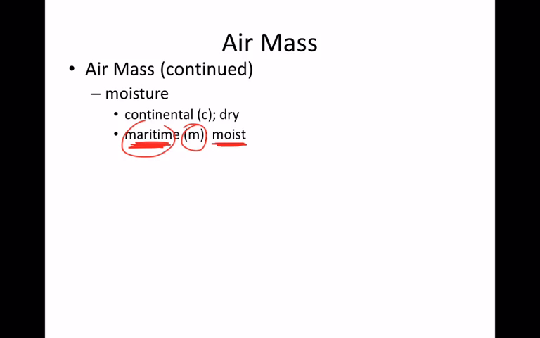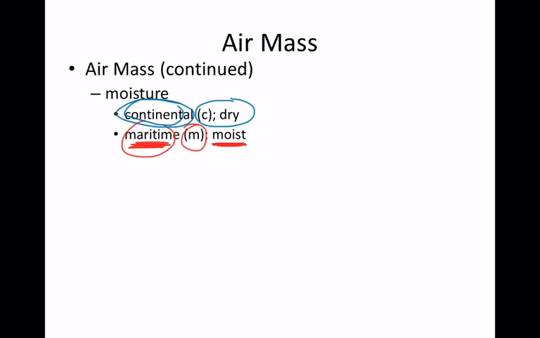So if your chunk of air is moist, you're going to have the little letter m next to it. If your chunk of air is dry, then we're going to say its source region was land, and the largest land we have is a continent. So if it's dry, we call that continental. So it's going to be lowercase c.